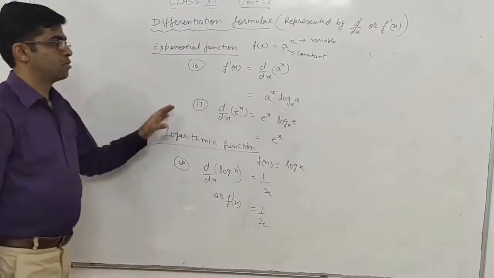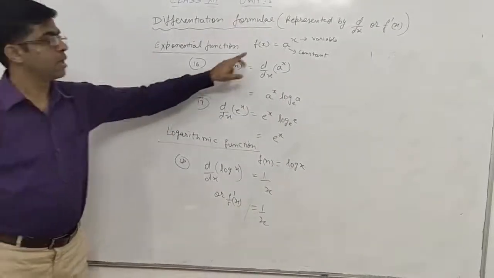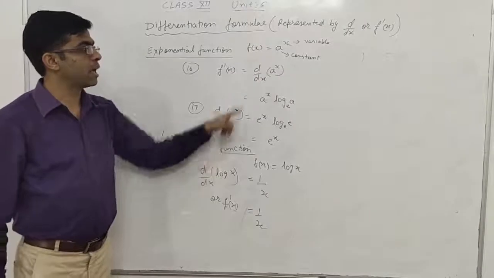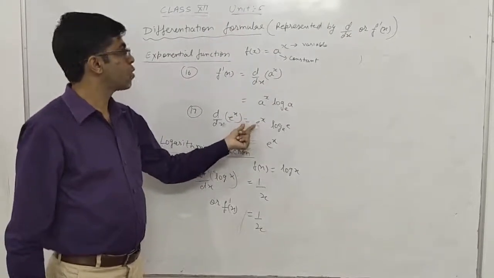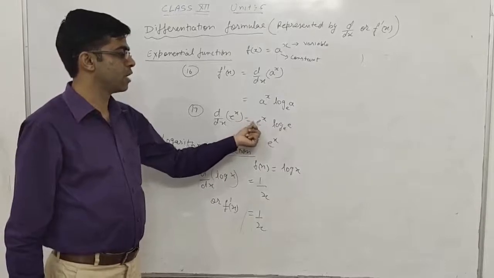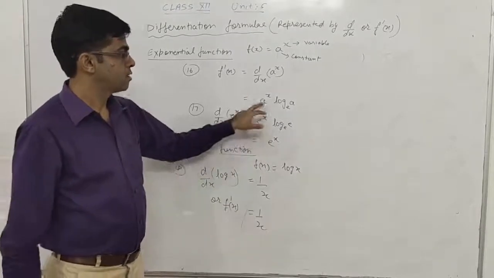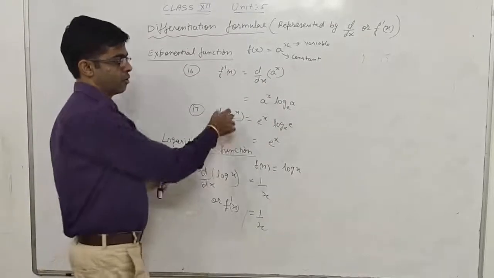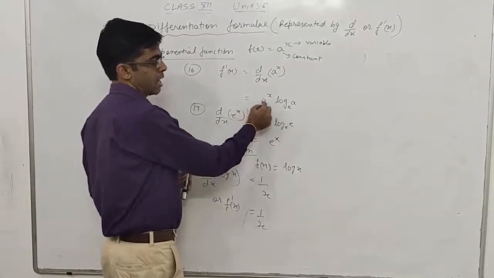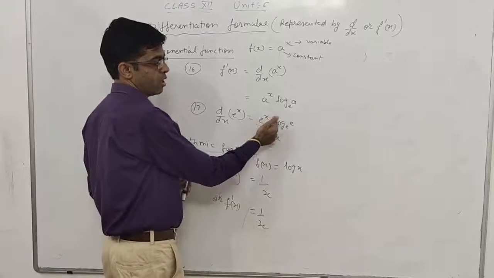So now the next one is e raised to the power x. At the place of this a there is e. This is also an exponential function, e raised to the power x. Same, we will use this formula for differentiating e raised to the power x. At the place of a, just put e.